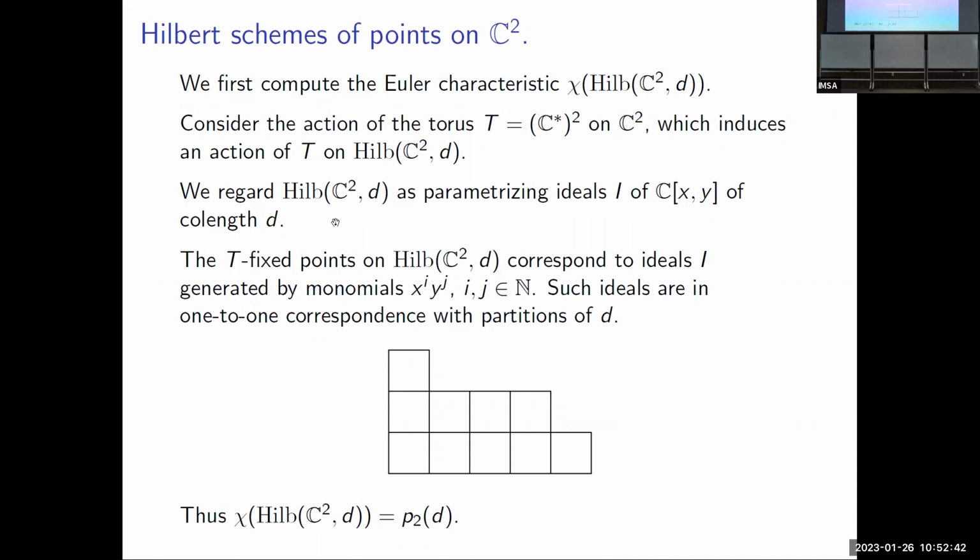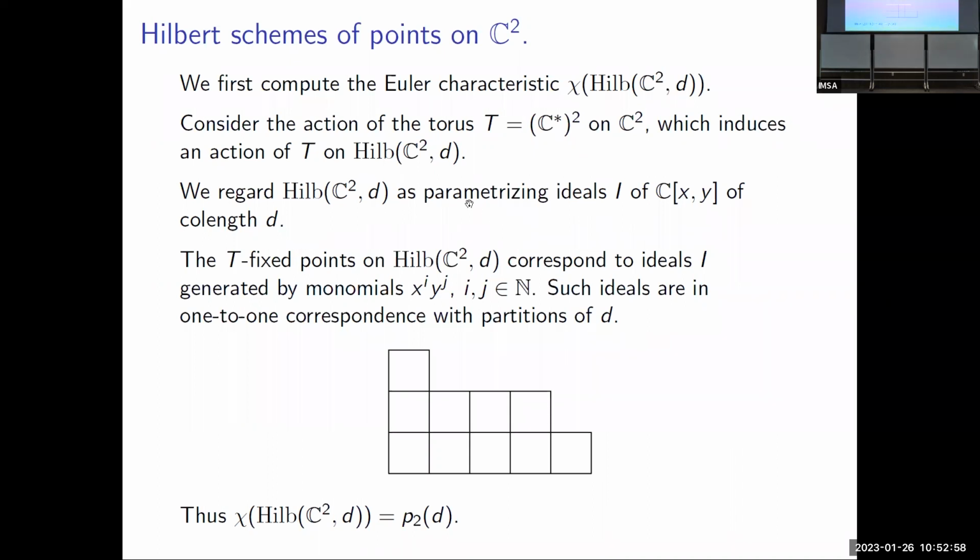So the Euler characteristic of Hilb is the same as the Euler characteristic of the T-fixed locus of Hilb. Actually, this fixed locus is just a bunch of points.